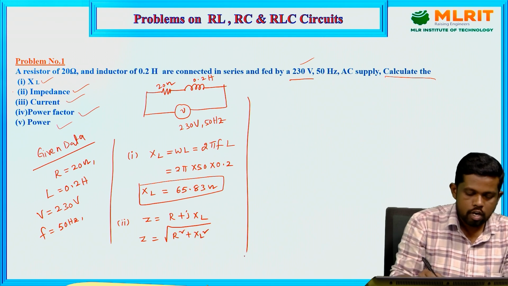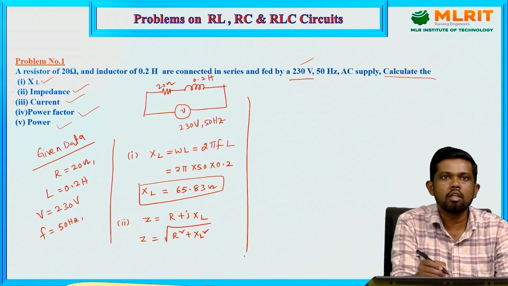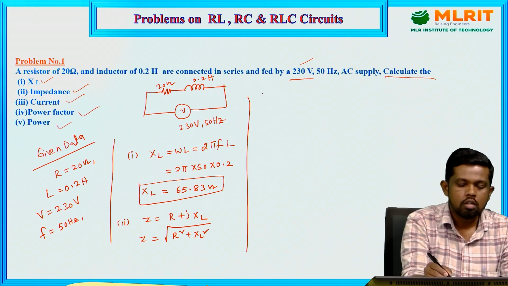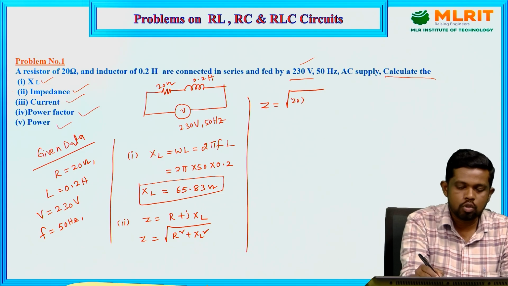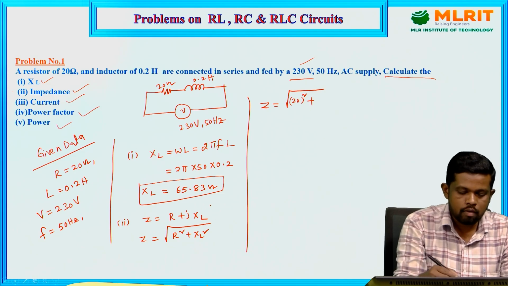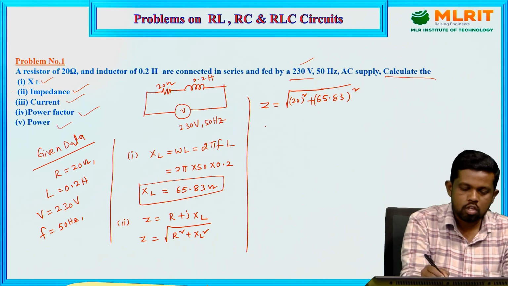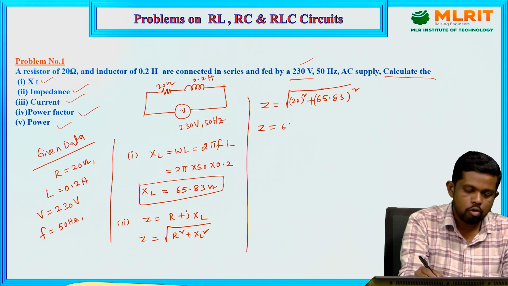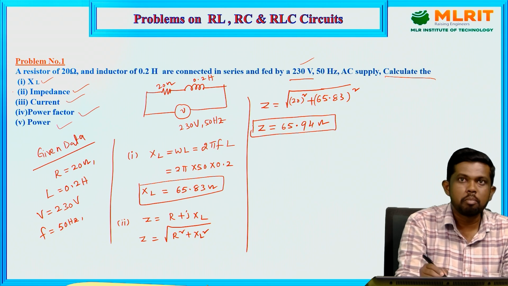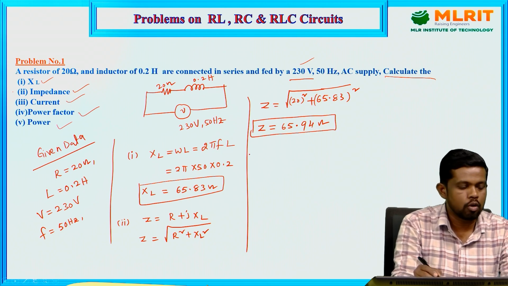We have just found XL, so substitute here: Z equal to square root of 20 square plus 65.83 whole square. After simplification, we got 65.94 ohms. This is the impedance offered by the network, the end of the second question.